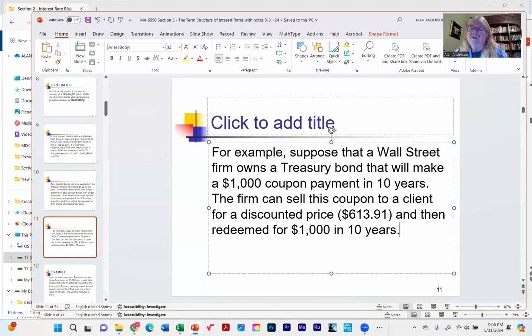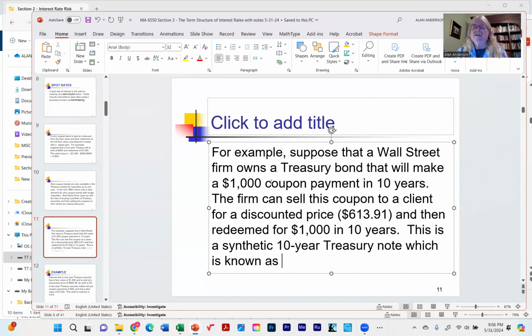So from their perspective, it's the equivalent of the Treasury issuing a 10-year zero coupon bond in the first place. So what we have here is a synthetic 10-year Treasury note, which is known as a strip.